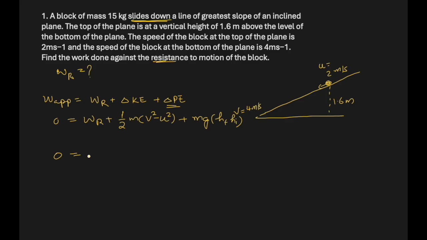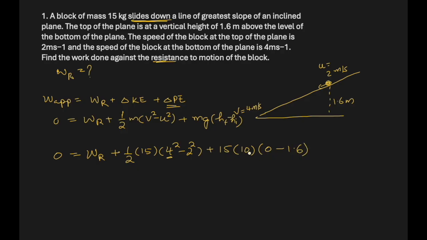So 0, since there is no applied force, is equal to the resistive force work plus half m, m is 15, v is 4, u is 2. Clearly kinetic energy increased because final is more than initial. Plus 15, g is 10, final height is 0 and initial height was 1.6.